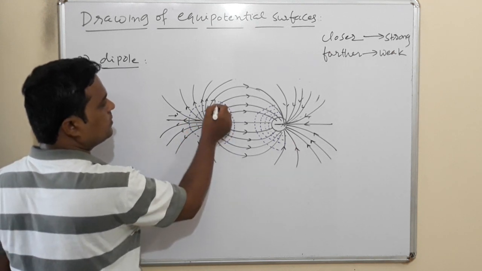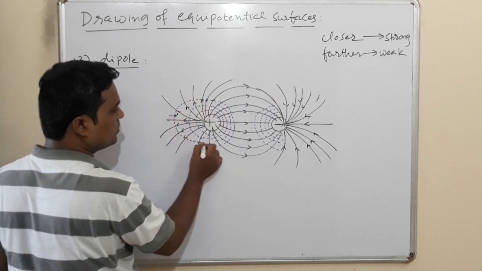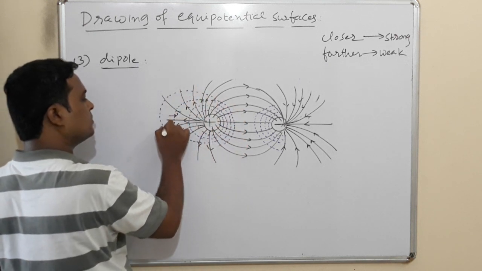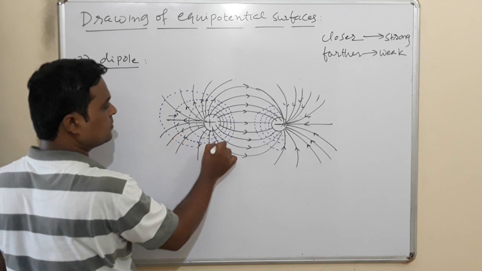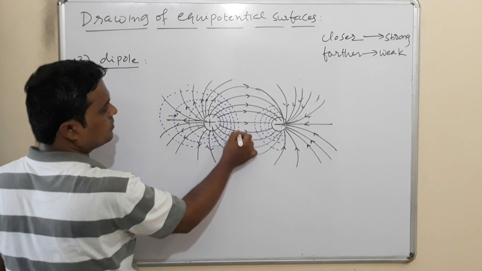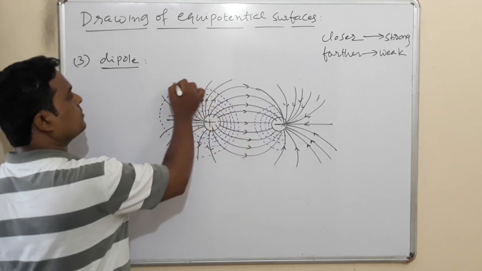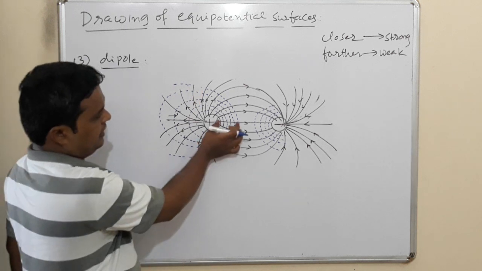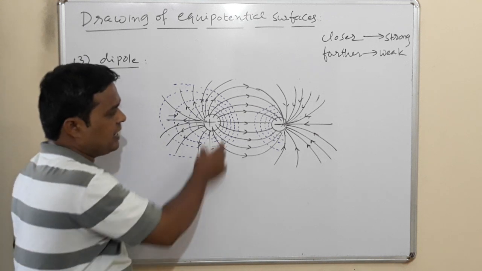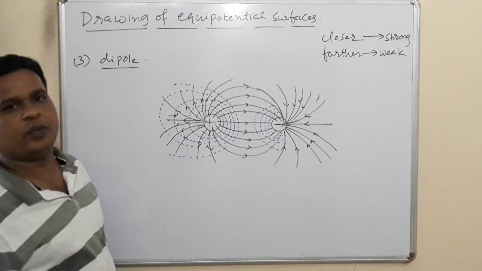This will go here. See, this side the lines are closer to each other and this side they are away from each other, which indicates that this region is a strong field region and this region is a weak field region.